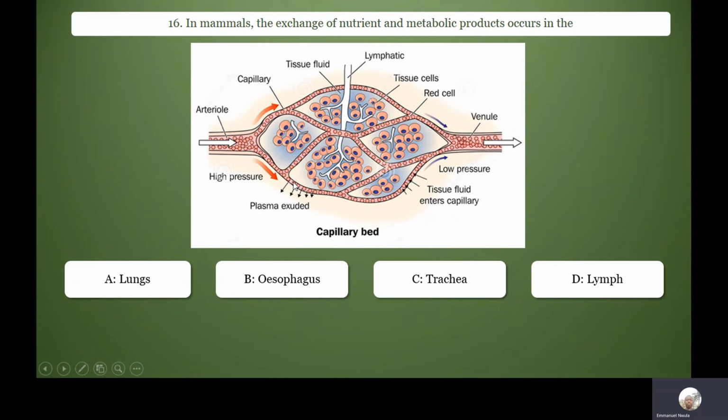Of course, you know, the plasma that seeps out of the capillary also comes with the nutrients from the blood. So that is what forms the tissue fluid. So materials are exchanged between the tissue fluid, which is formed from plasma from the capillaries, and the cells.